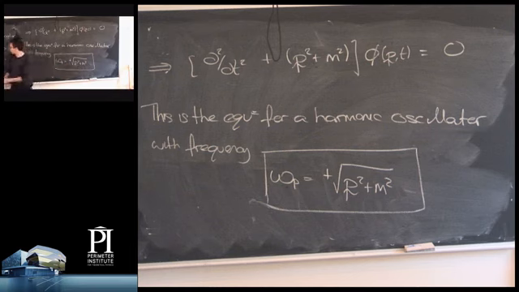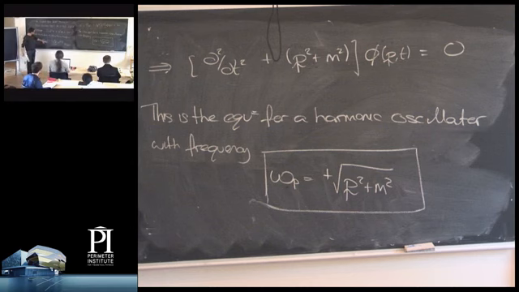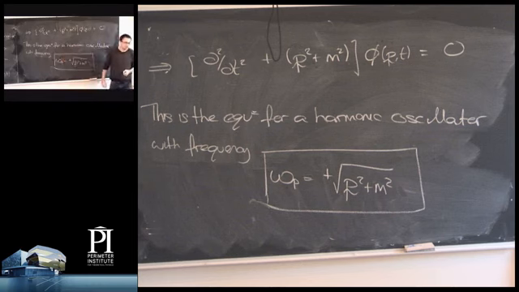Then to find the most general solution for phi of x, you add them all together with arbitrary amplitudes, whatever amplitude you like, and integrate to do the inverse Fourier transform. Okay? Why negative? This is my definition of omega p. What sits in here is omega p squared, so I'm just defining omega p to be the positive square root. It'll be useful.